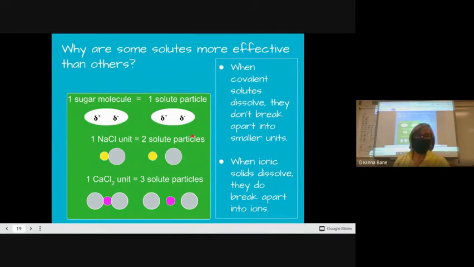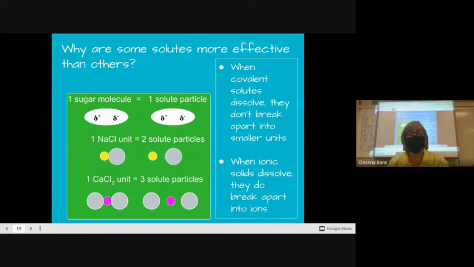All right, so at the beginning I said you could throw sugar on your sidewalk and use that to make your sidewalks safer to walk on. So why don't we use sugar? Well, for one thing, it would be a sticky mess. And for another thing, we're trying to get as many particles to dissolve in the water as possible. And sugar is a covalent compound.